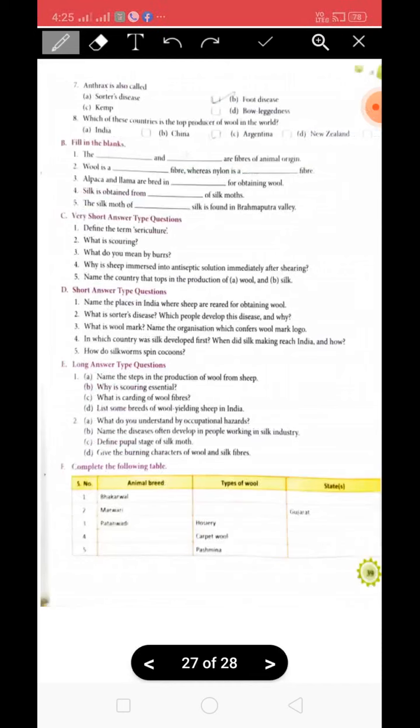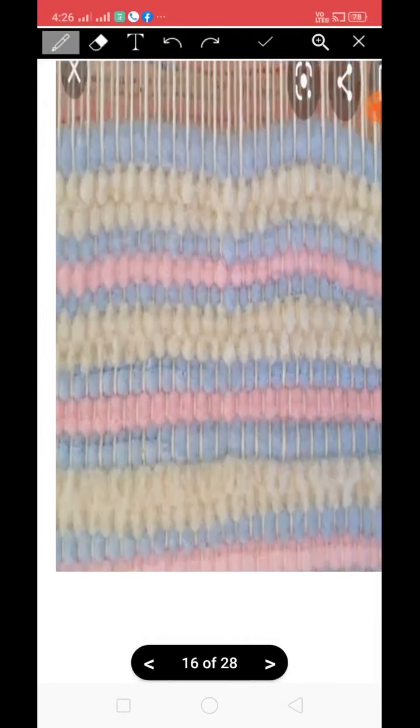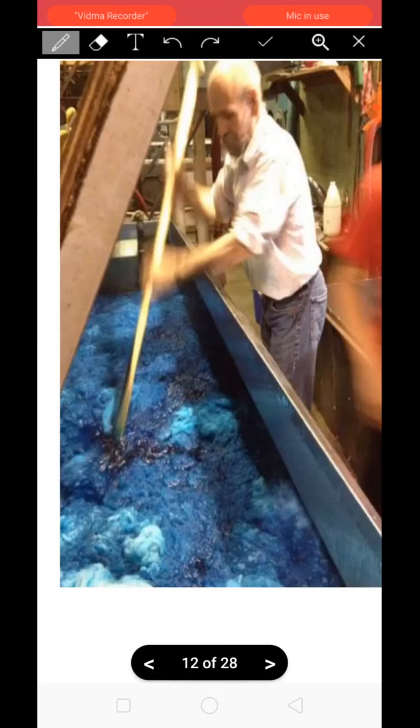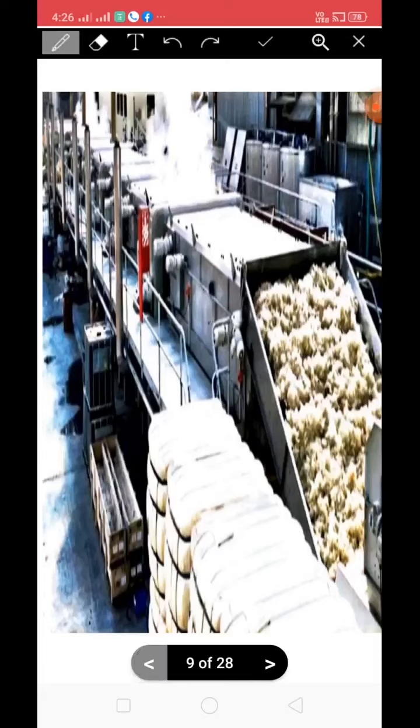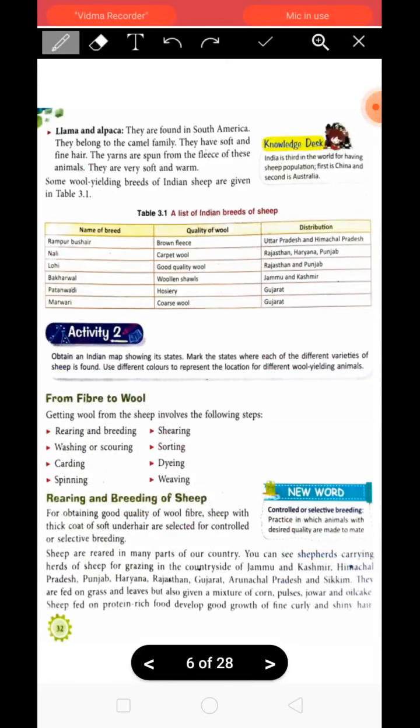D. Short answer type questions. First question, name the places in India where sheep are reared for obtaining wool. It is given on page number 32.